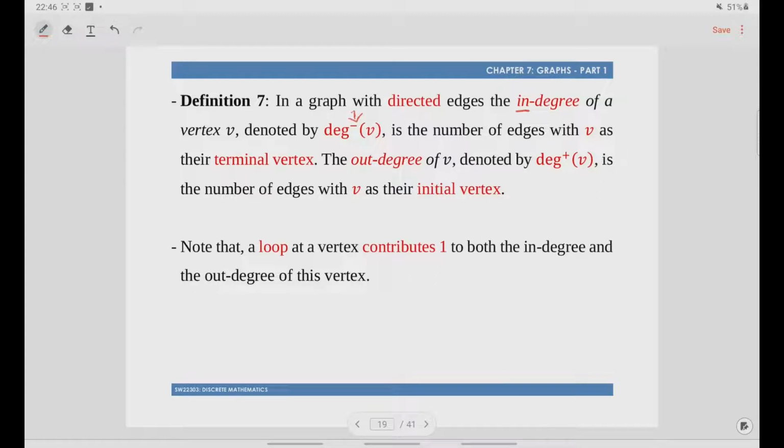Again, we compute the number of edges, but this time we specify the number of edges where the vertex V is their terminal vertex.